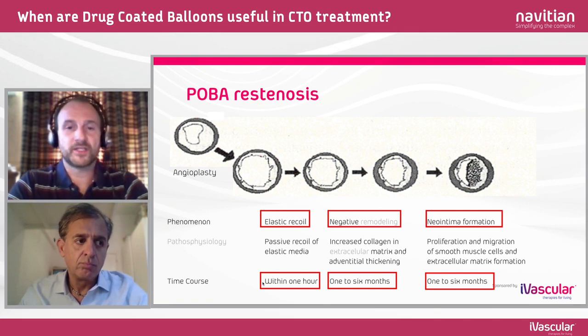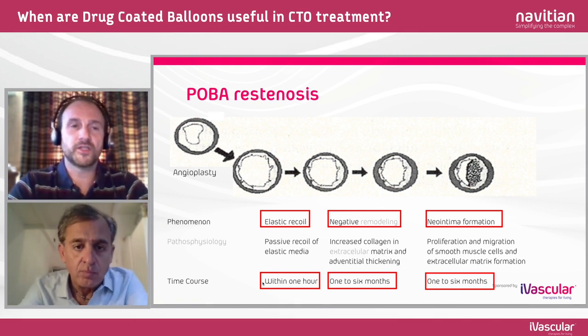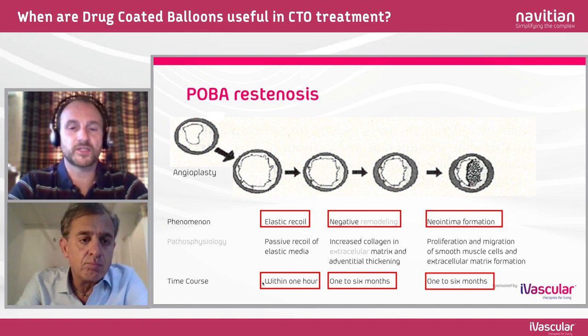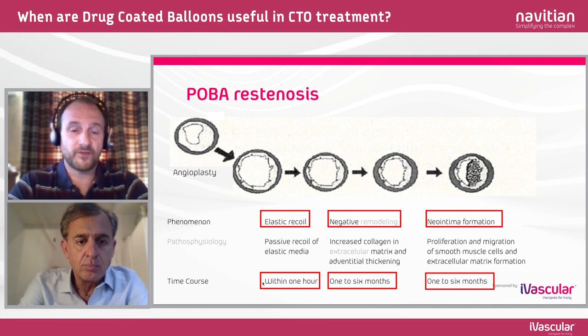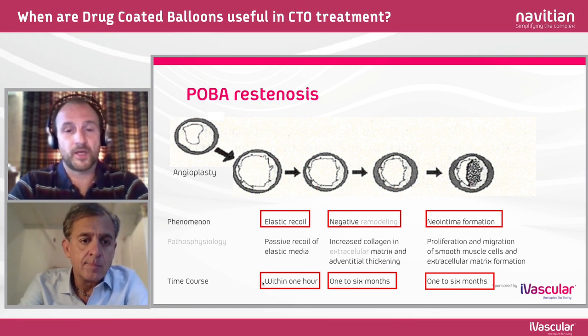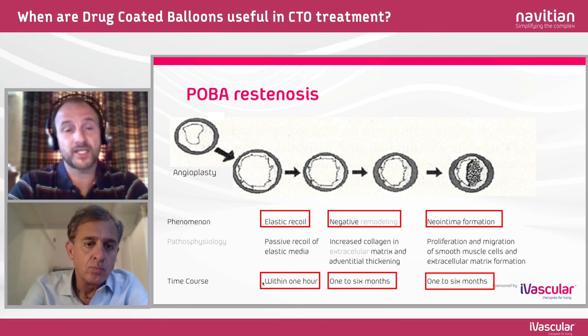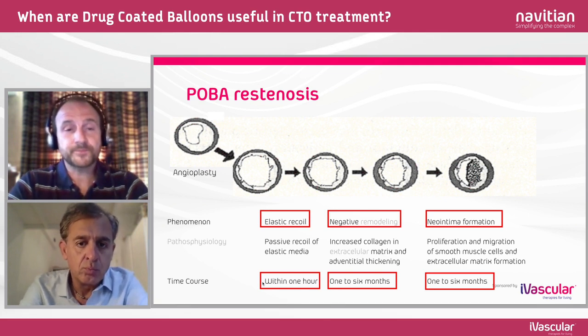POBA restenosis has some peculiar characteristics that make it different from classical in-stent restenosis. After dilating a vessel with the balloon, we obtain some enlargement of the vessel and some micro dissections of the plaque.